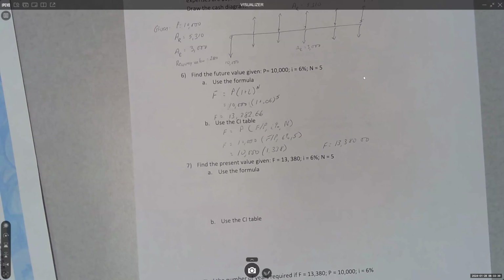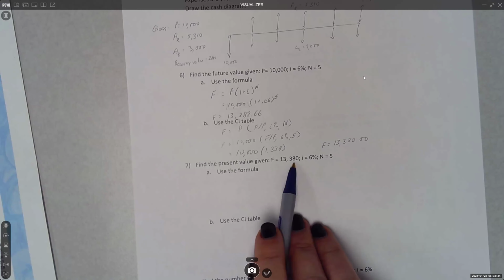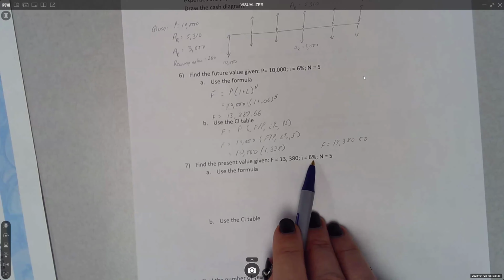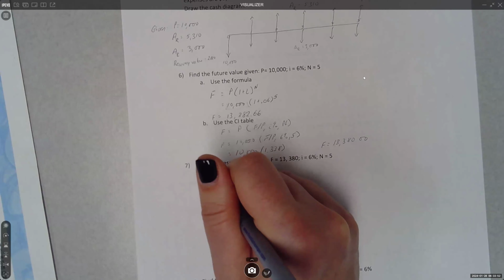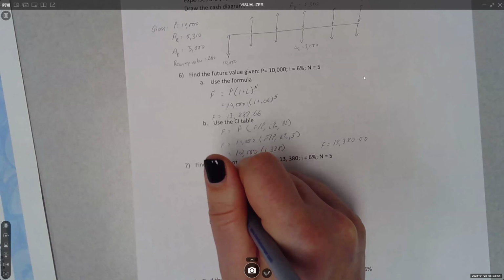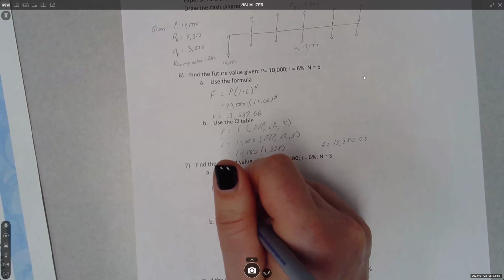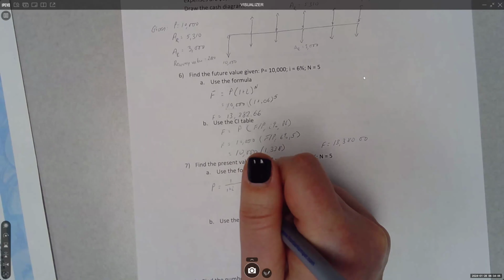So flipping this, doing this for the present value, we're going to start with our F of 13,380 with an I of 6% and an N of 5. So the formula to find the present given the future is the reciprocal. And so we have 1 over 1 plus I to the N power.